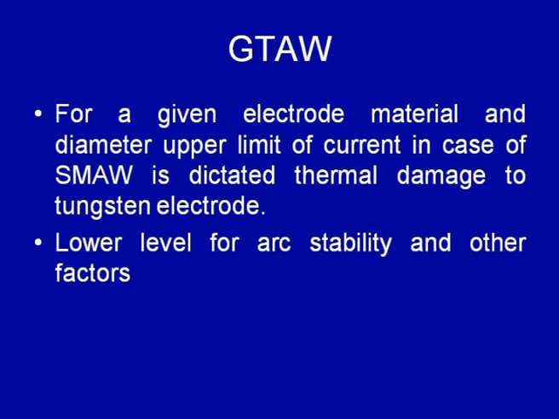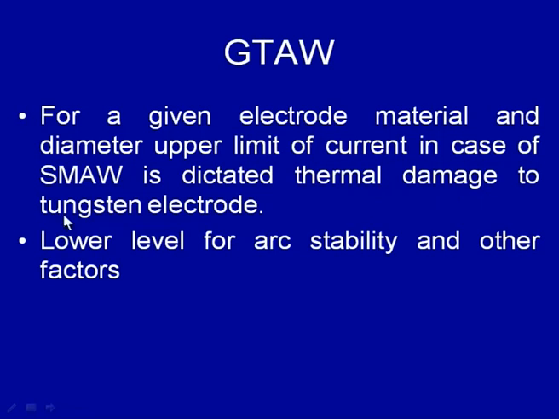In case of the GTA welding, the low level of the welding current is dictated by the arc stability, while the higher level of the welding current is dictated by the thermal damage which can take place during the welding.